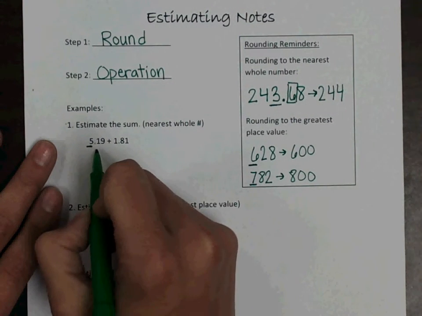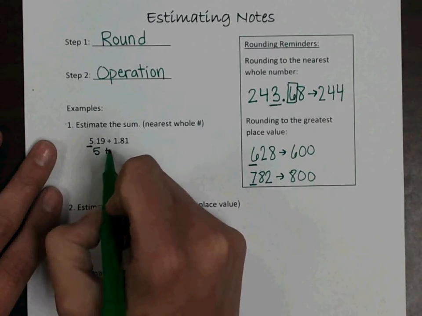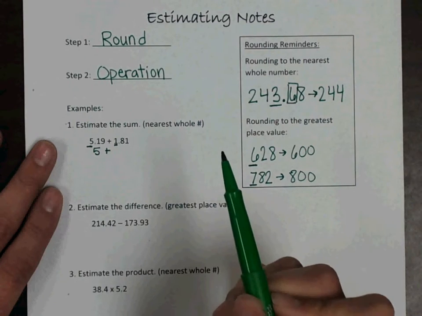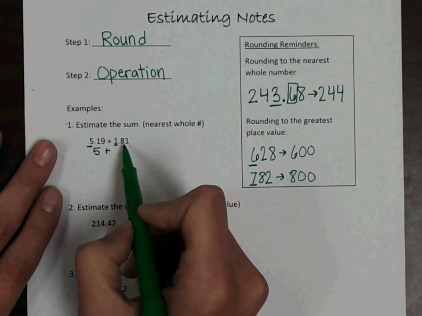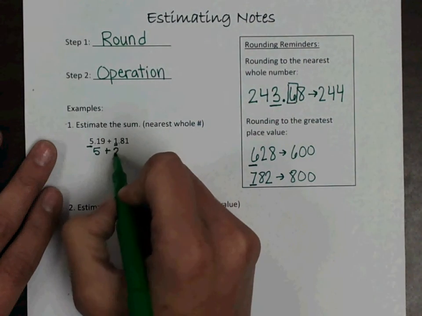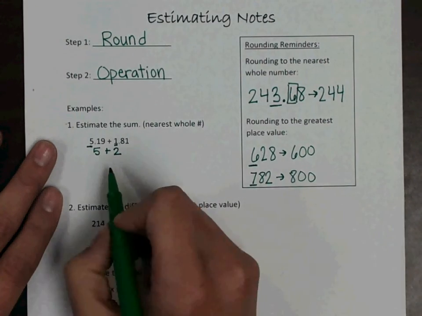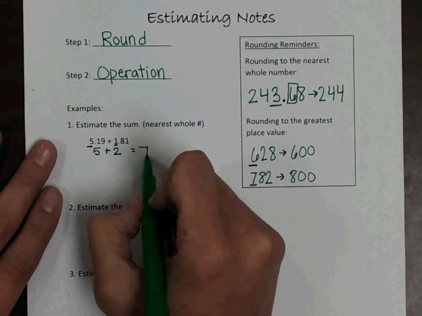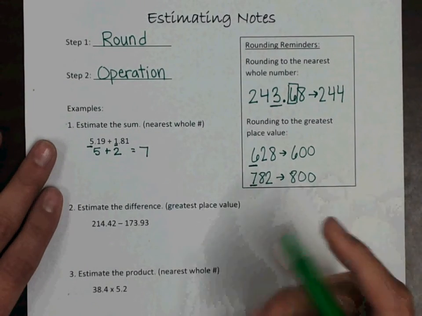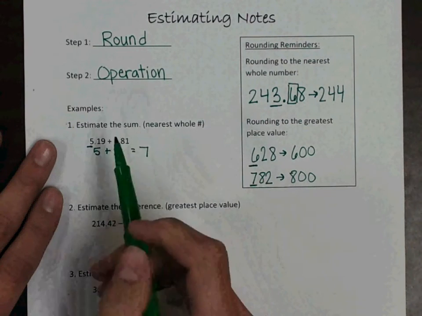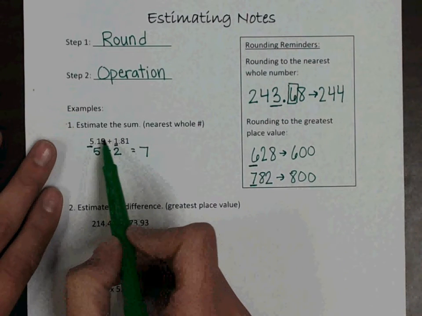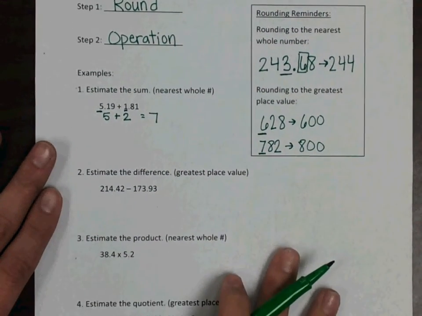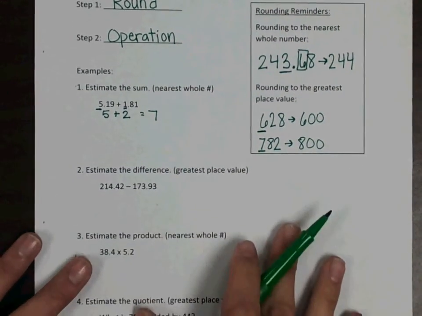Same thing over here, we want 1 to be the last digit, so it's either going to be 1 or we're going to round up. So we look at this 8. Well, 8 is greater than 5, so we're going to round up to 2. So now all we have to do is add. 5 plus 2 is 7. That just gives us an accurate estimate of this sum without having to work out all of the decimal operation.